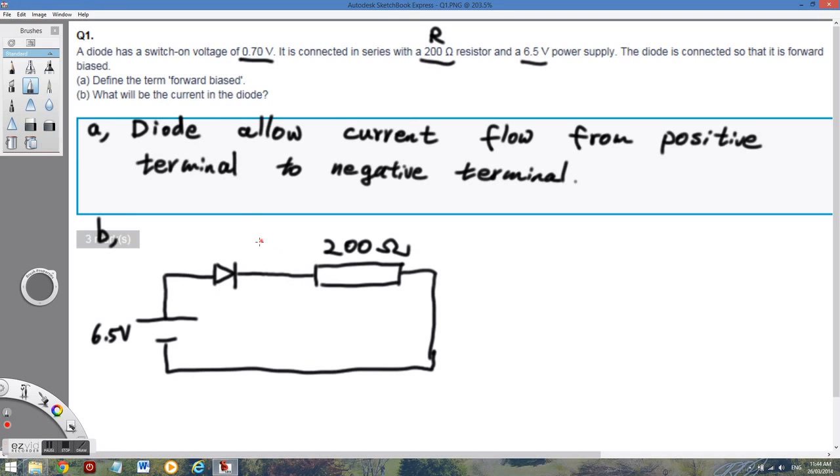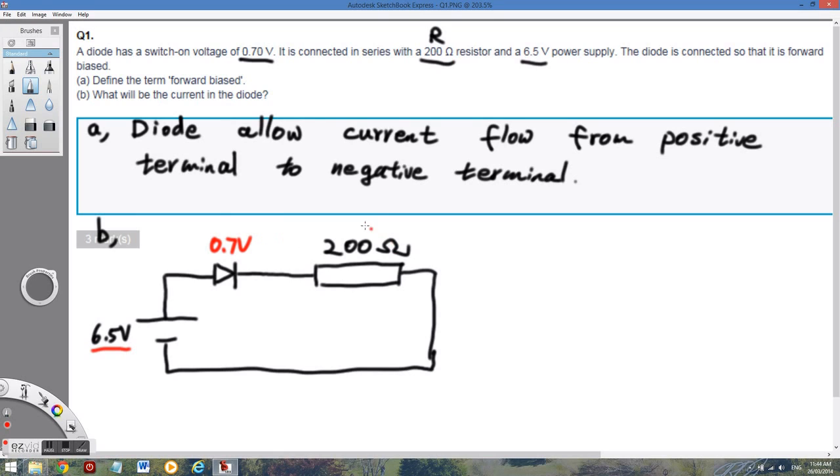Since this is a series circuit, the current is the same. Now we have 6.5 volt here. The operating voltage of the diode will be 0.7.